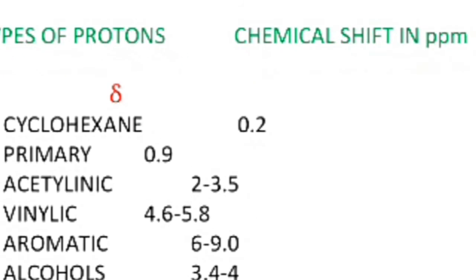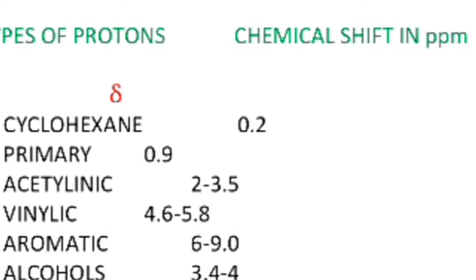The delta value of TMS is 0. If you take from 0, how much the compound is shifting, or how far the compound is, that is the chemical shift of a compound.